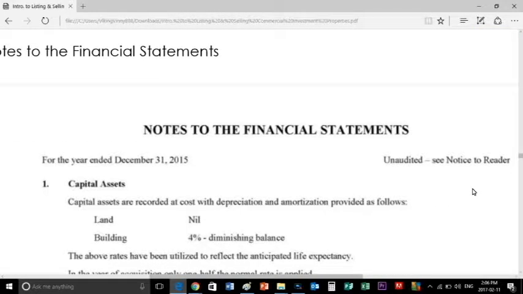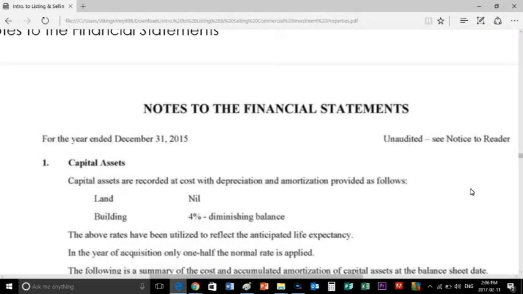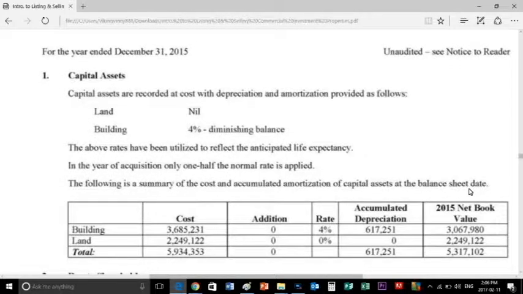All right, then we got the financial statements notes for the year December 31st, 2015, unaudited. See notice to reader. Number 1, capital assets. Capital assets are recorded at cost with depreciation and amortization provided as follows.